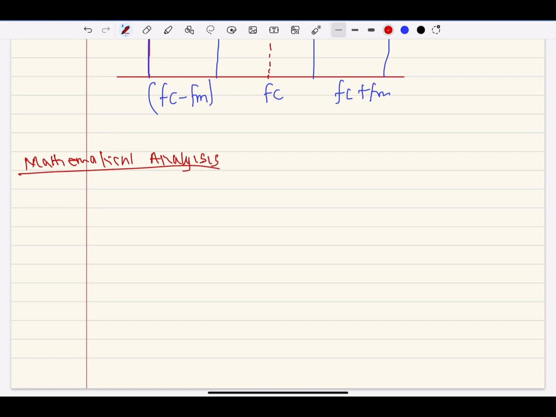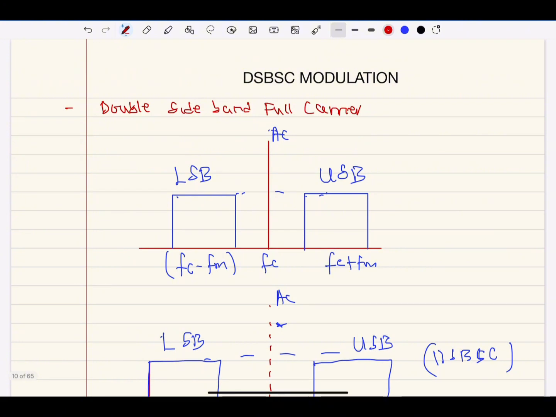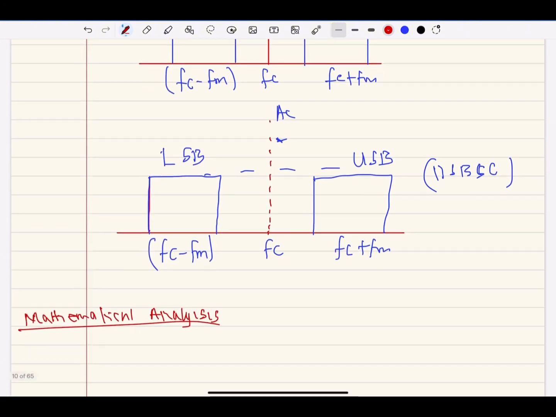Later on, we will talk about the various modulators that we can use to generate a DSB. So in doing the mathematical analysis, as the headline says, DSB, double sideband suppressed carrier.